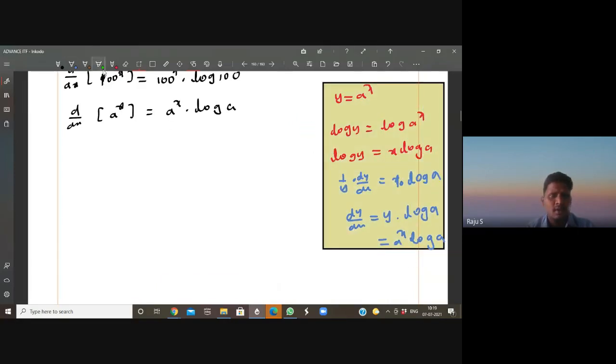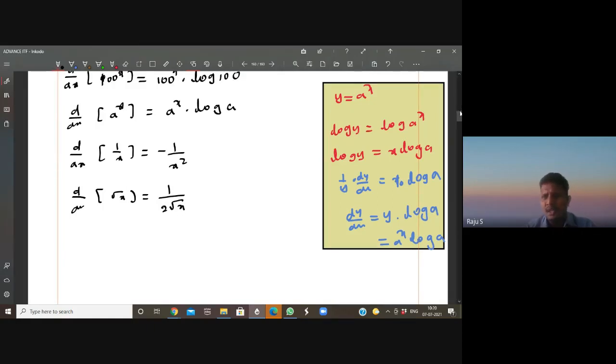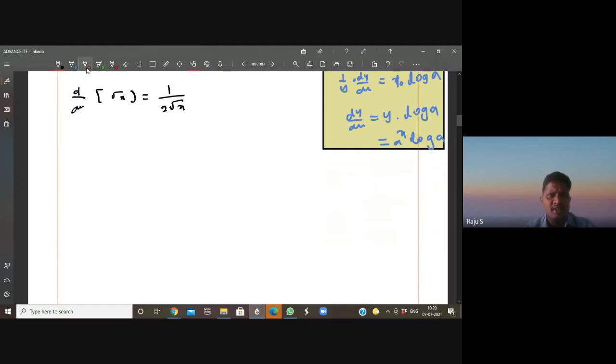Right. Next, d by dx of 1 by x. I told you it is minus 1 by x square. The d by dx of root x is 1 by 2 root x. Okay, and after that we know the derivatives of sin x, cos x.